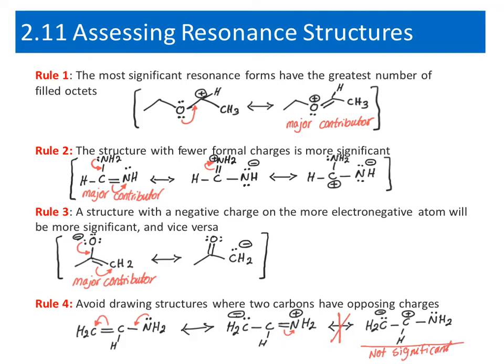Okay, and among these two, all right, all of them have their octet. Then we need to use rule number 2. We have formal charges here, but here the charge is 0, so that one is the major contributor.